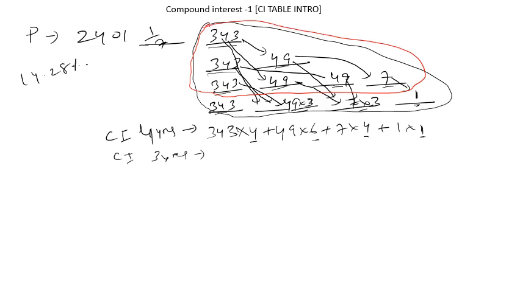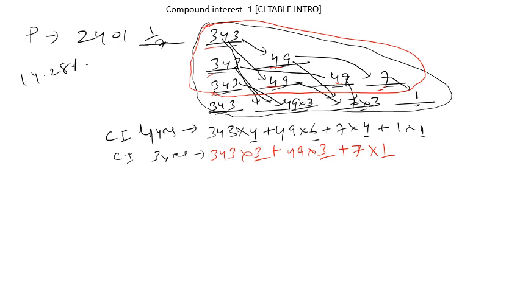Once, twice, thrice. This means 343 into 3 plus 49 is appearing how many times? 1, 2, 3. So 49 into 3. Now 7 is appearing only once. 7 into once, sorry. So it's right now 343. All right, fine.